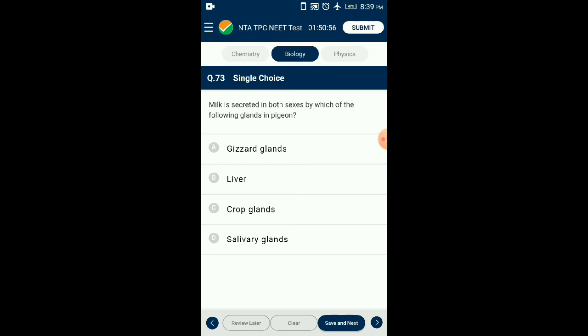Modified hind limbs are present, which generally have scales. The skin of birds is without any gland except the preen gland, or oil gland, or uropygial gland, which is for lubrication of feathers and is present at the base of the tail. So the answer for this question is option C, crop gland.